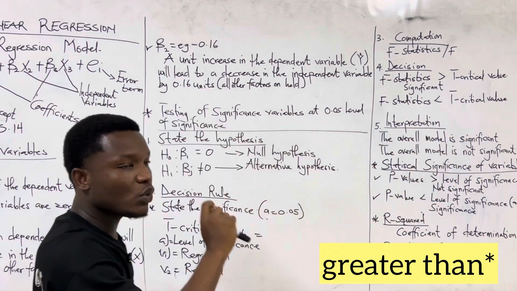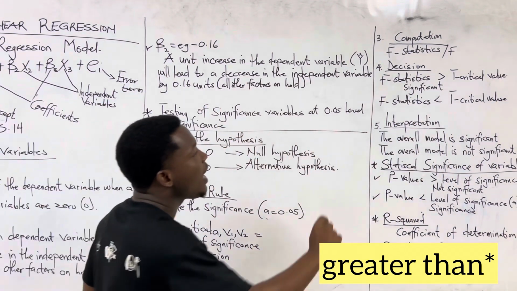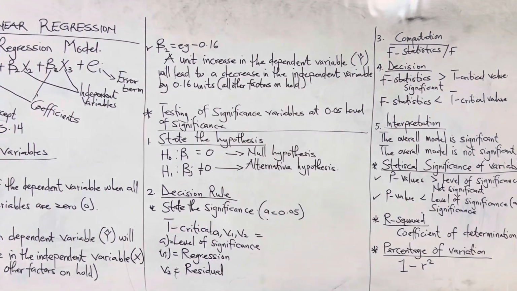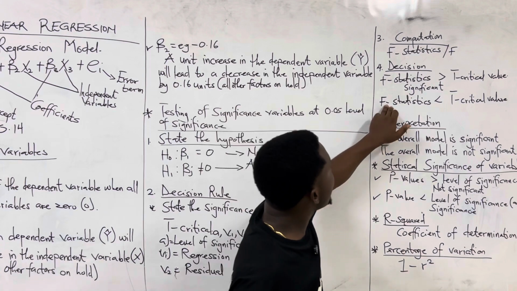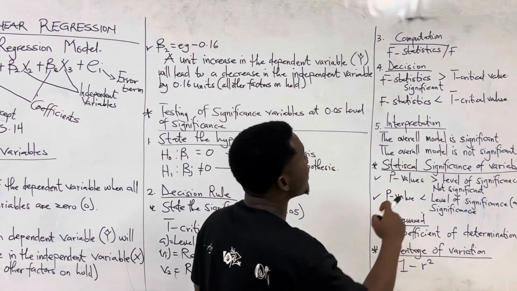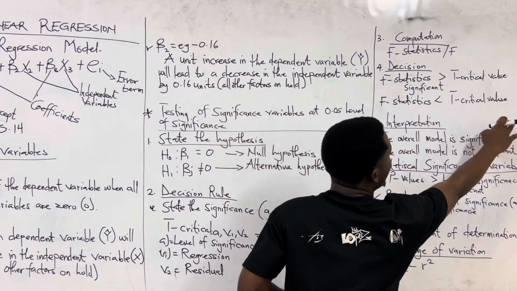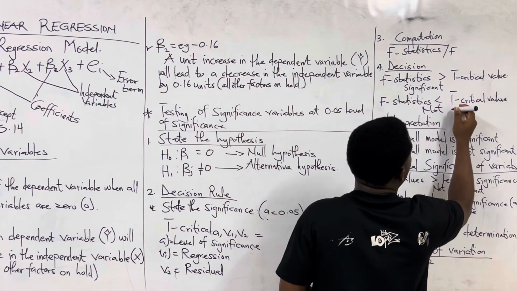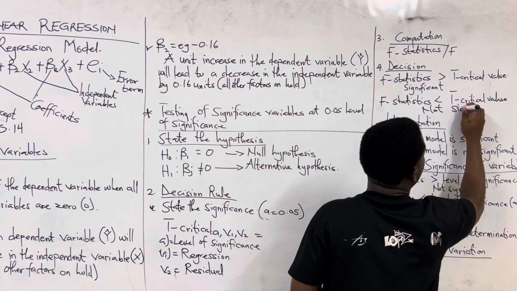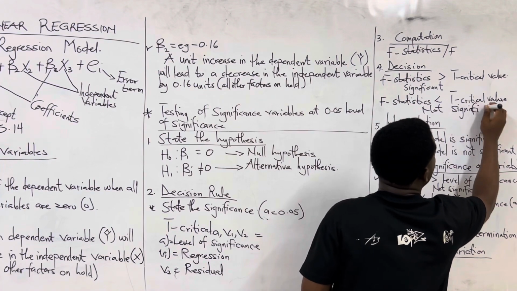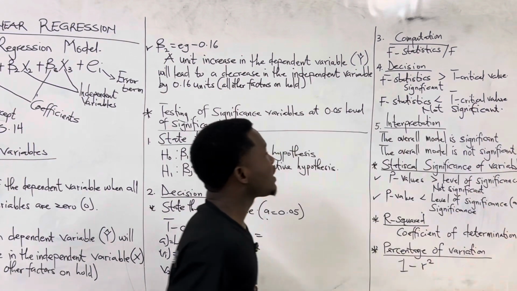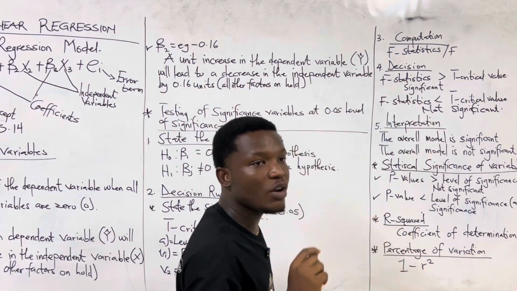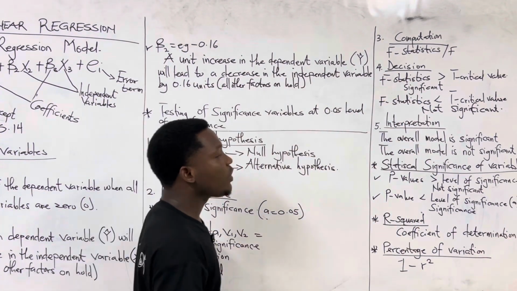it means the model is significant. But if our f statistics is less than the t critical value, it means our model is not significant. So this is it. After making the decision, you have to explain your decision.